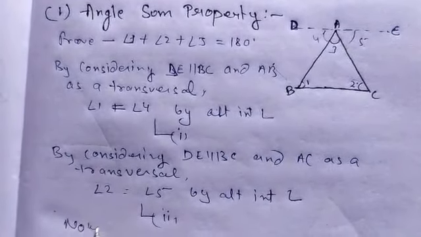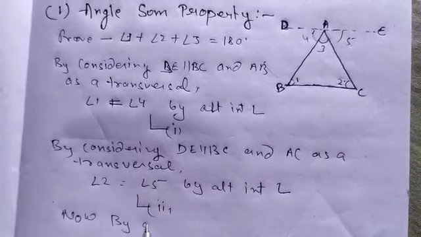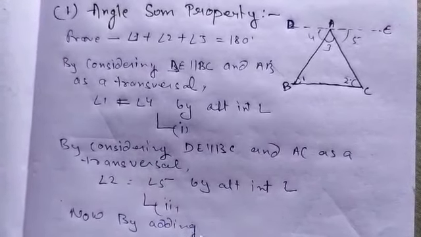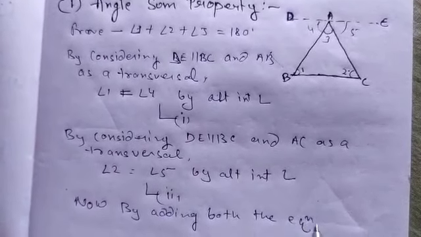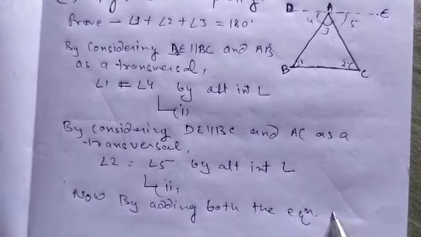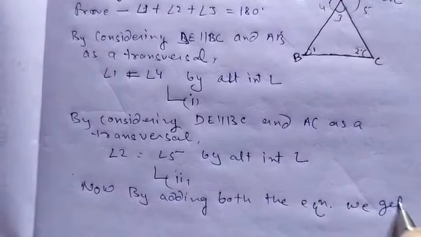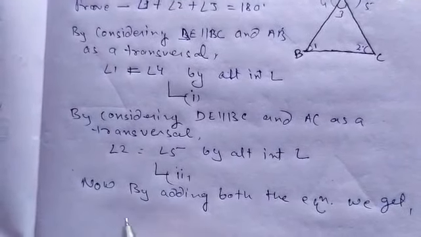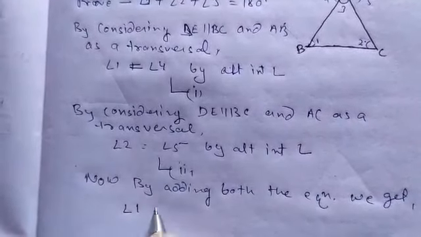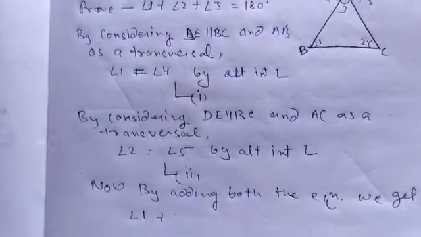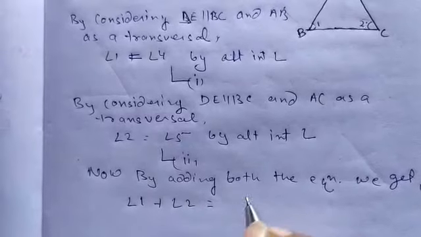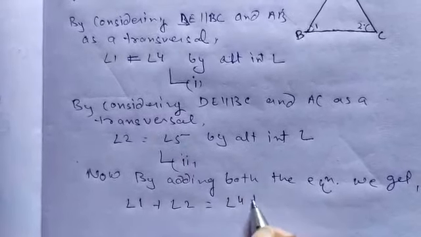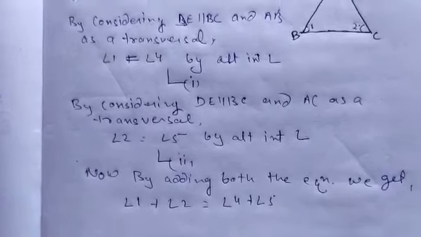Now by adding both the equations, we get angle 1 plus angle 2 is equal to angle 4 plus angle 5.